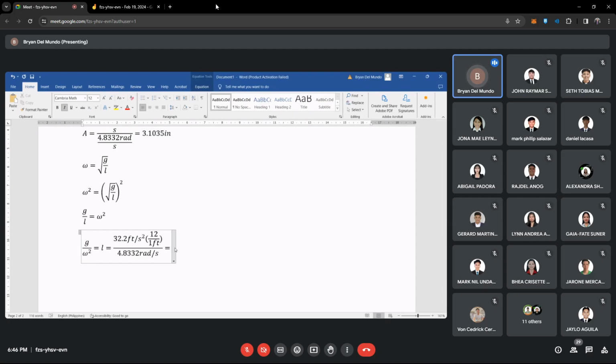So masosolve natin yung ating length. 32.2 times 12 over yung ating omega n. Okay, so ito nga pala ay naka-square.